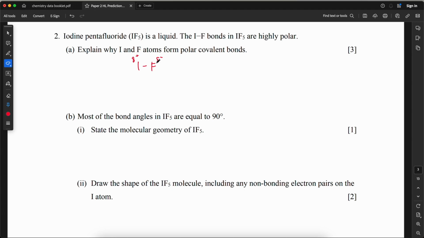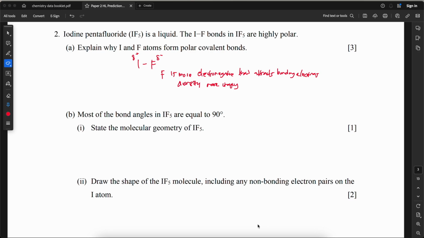So this would be partially negative, this would be partially positive. So F is more electronegative, that attracts bonding electron density more strongly.